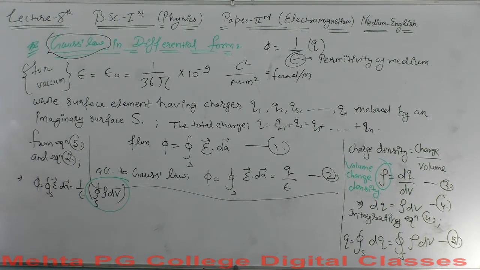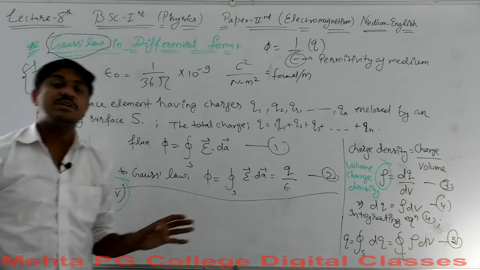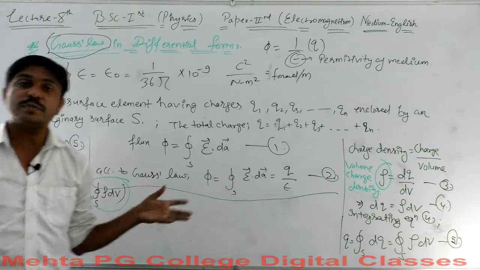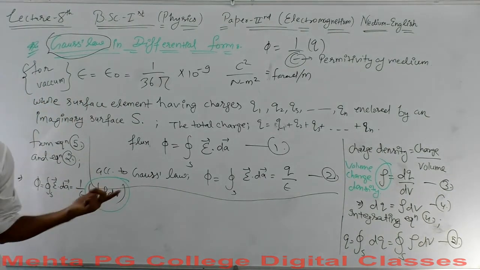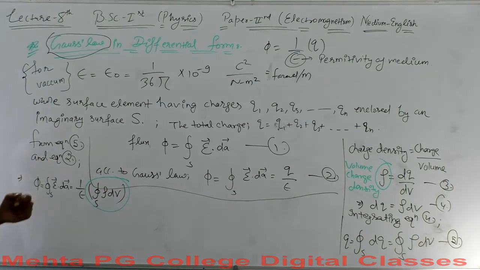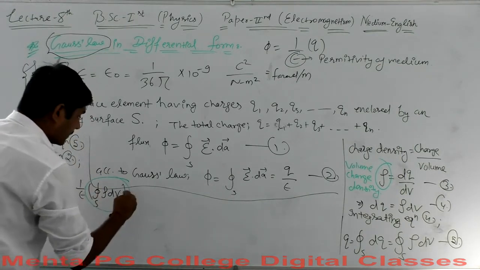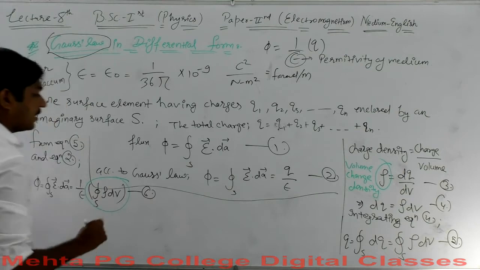Now we will use the Gauss's divergence theorem for this value. E dot dA, which represents the surface integral of electric field, should be replaced with the divergence of electric field using the Gauss's divergence theorem.